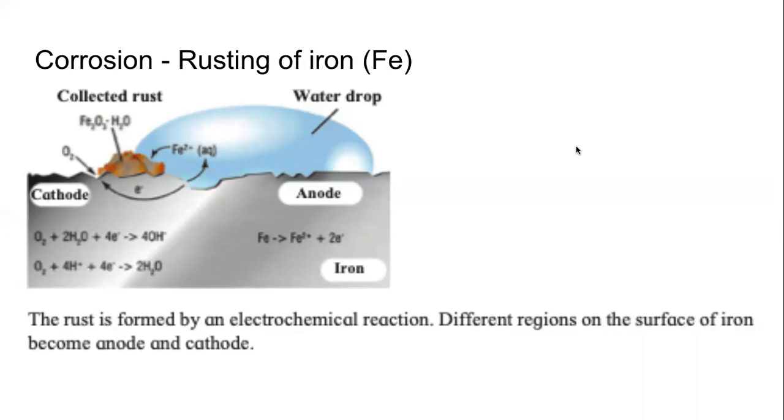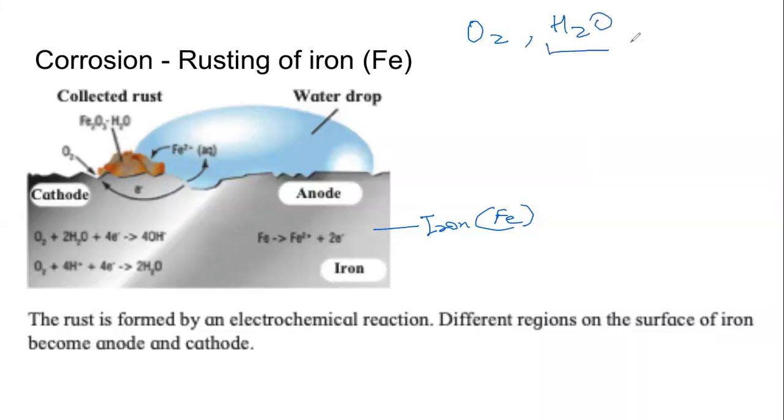Right. So if you imagine an iron object which is exposed to the air. This is the iron object which is exposed to the air, Fe. Now, the air definitely has oxygen. The air also has H2O.